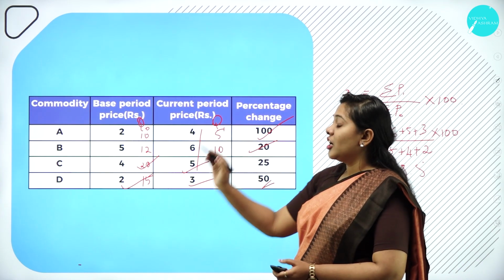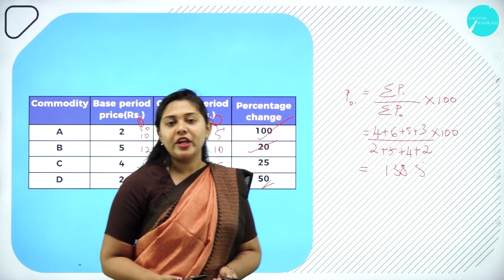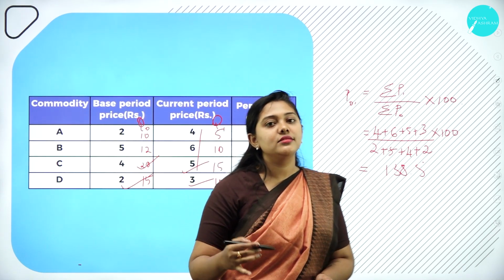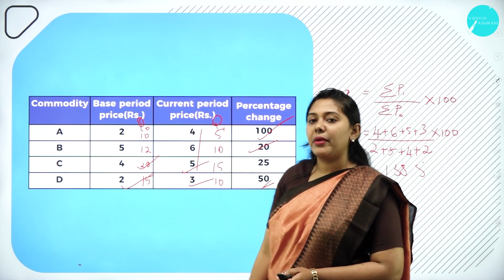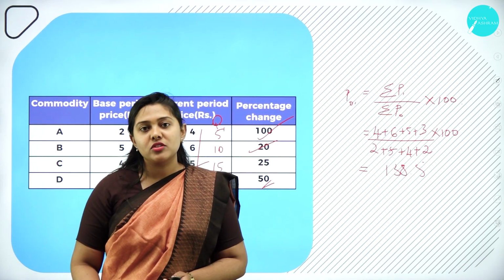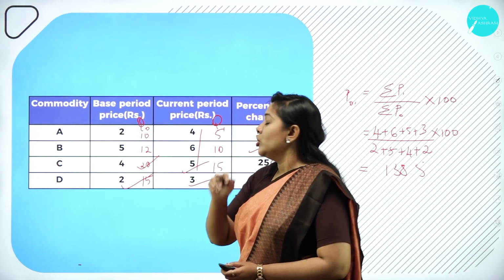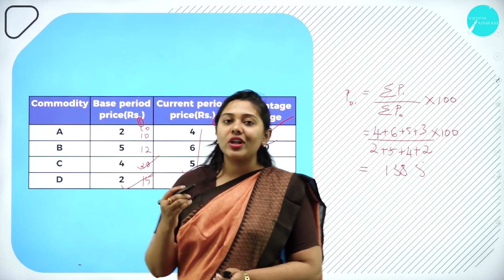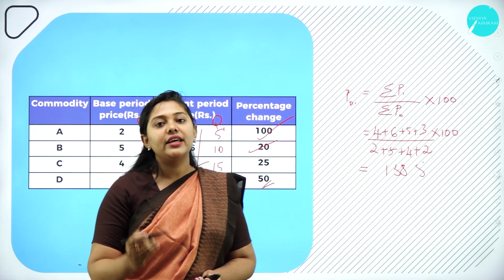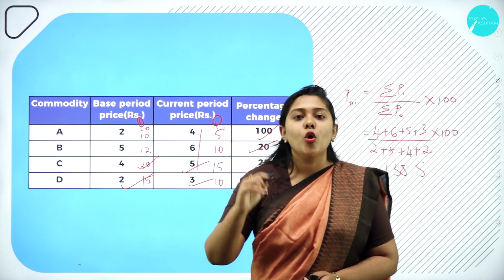We are taking up the quantity because in the real market situation, the price is determined based on the quantity, on what quantity you have purchased the commodity. So we have to know what the quantity is. Let us use the weighted aggregate price index formula and check out the value.